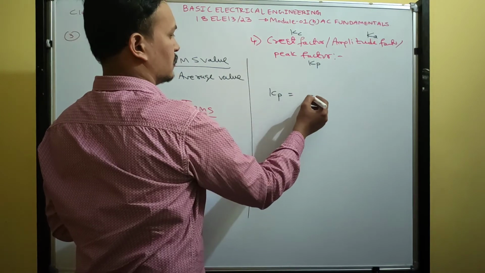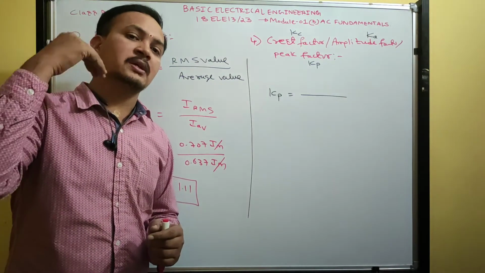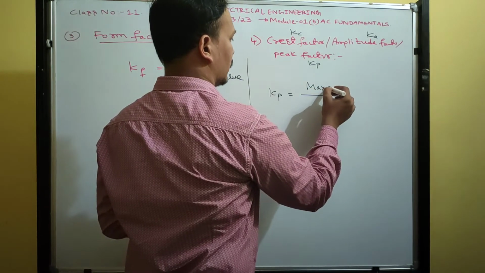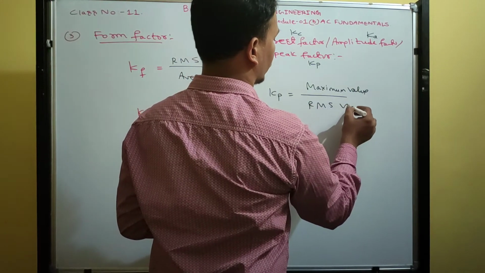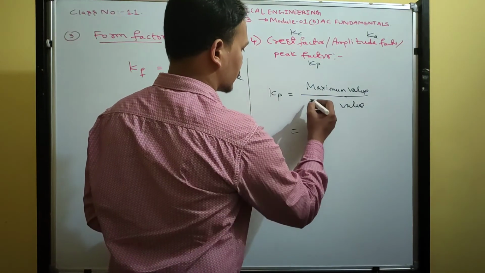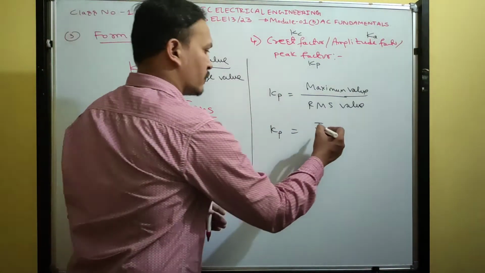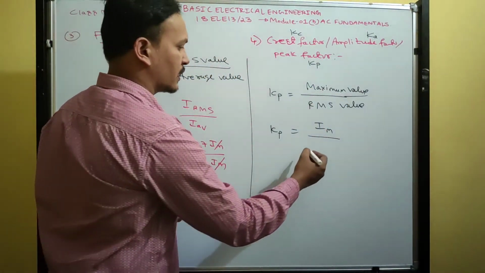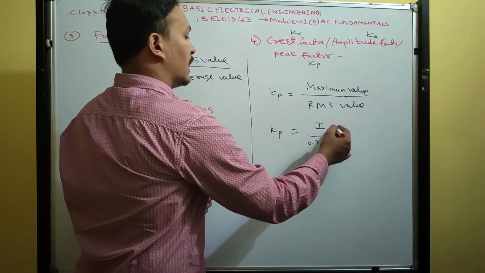Peak factor is defined as the ratio of maximum value to the RMS value. Let us take the quantity as current. Then the maximum value is the maximum current itself, and the RMS value is 0.707 times Im. Im gets cancelled.